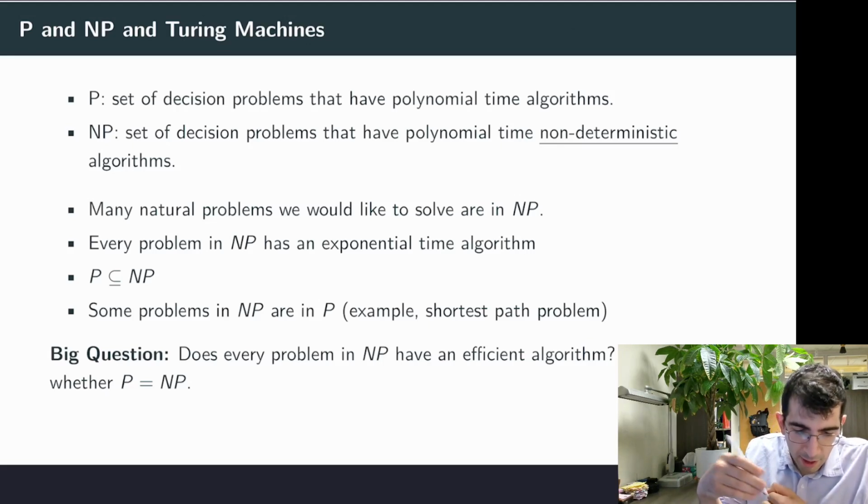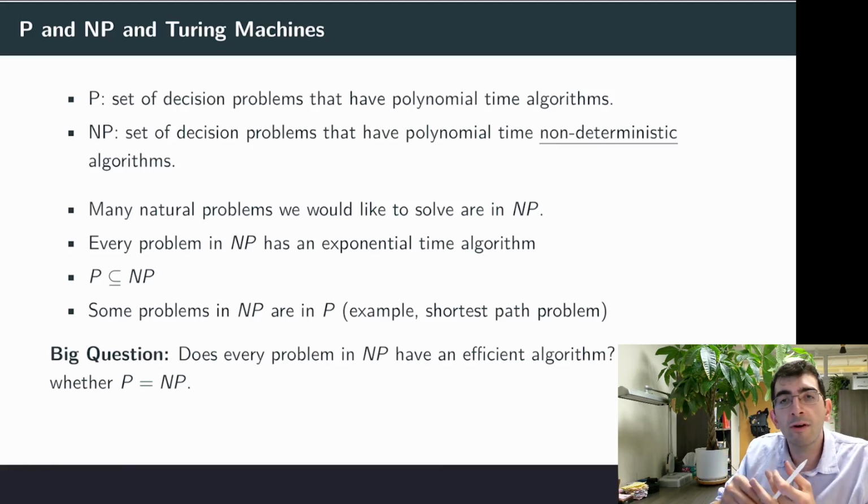The reason NP is important is because many problems that we would like to solve are in NP. And every problem has an exponential time algorithm. So a lot of these are hard problems. Take the traveling salesman, for instance.